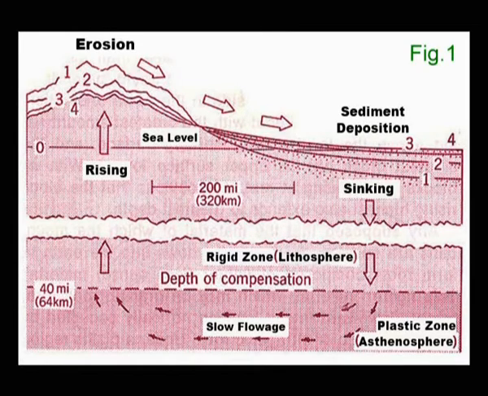The level of the base of the lithosphere is therefore referred to as the depth of compensation, as we already know it, for it is below this depth that changes in the load on the earth's surface are equalized or compensated for by slow flowage of the asthenosphere.